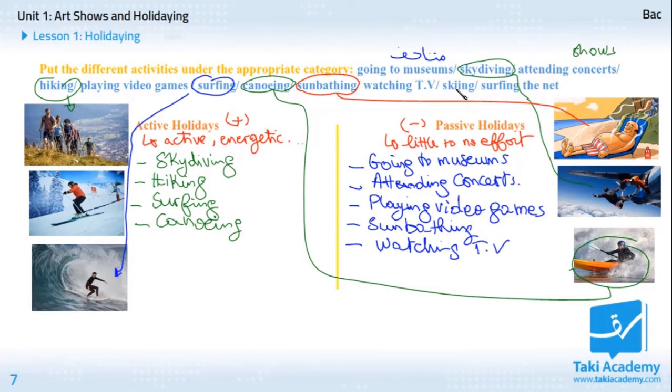Then we have skiing. The woman here is skiing. Okay, and this is active, skiing. And finally, we have surfing the net. This is one of the most passive things to do. Okay.